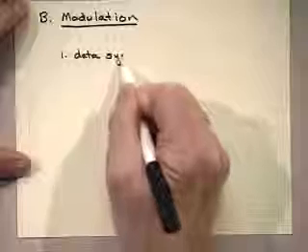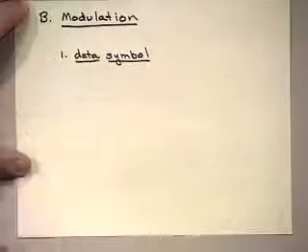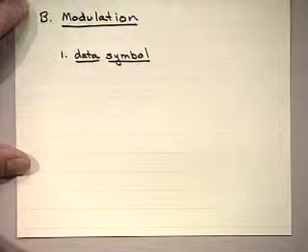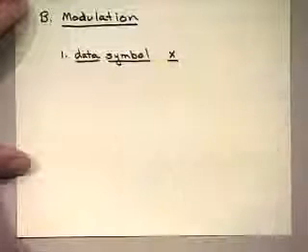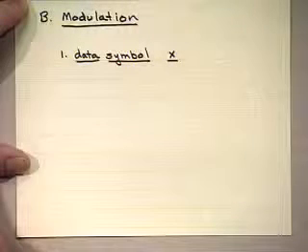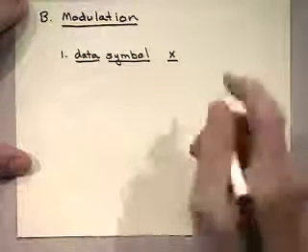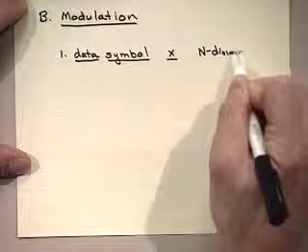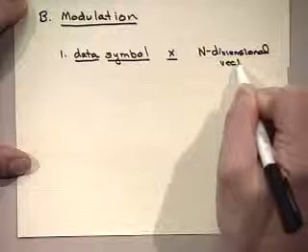And in such modulation, we first describe something we call a data symbol value. And we give it a name x, and I put an underline under x to denote that it's a vector of capital N components. So it's an n-dimensional vector.